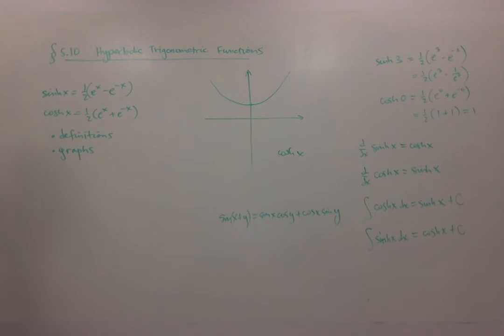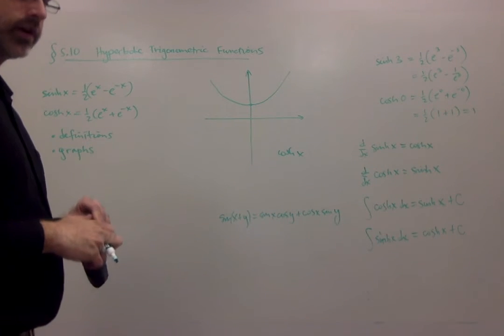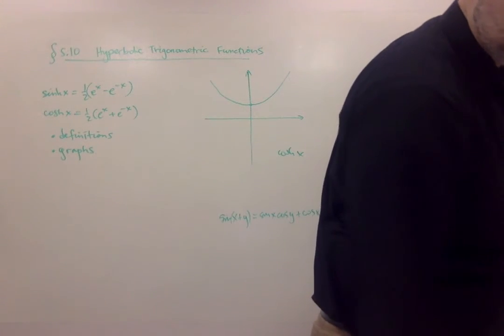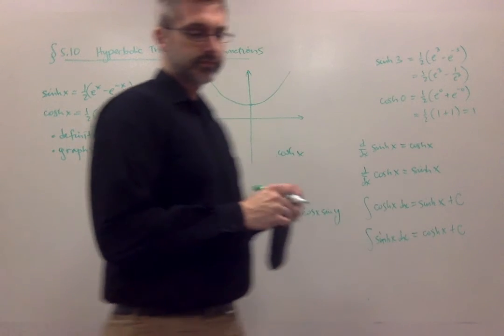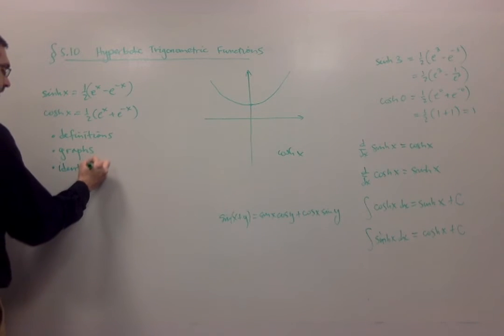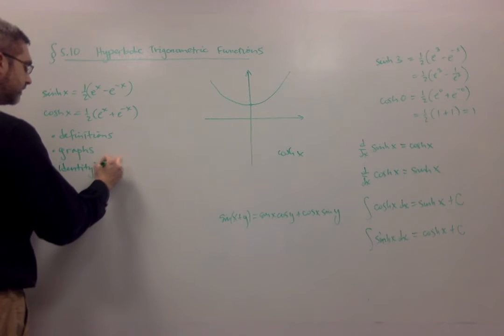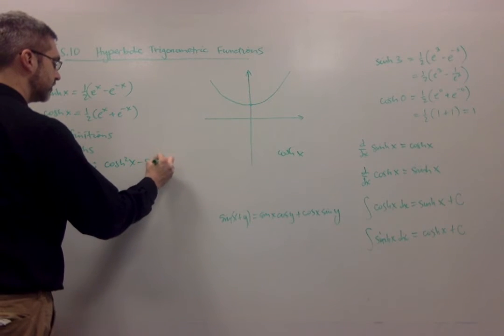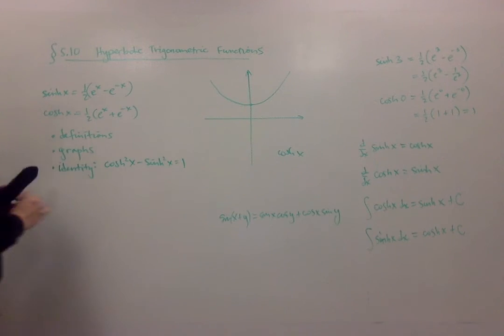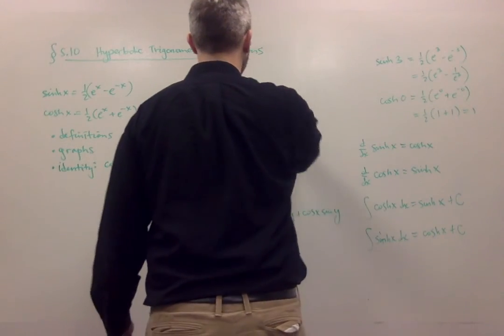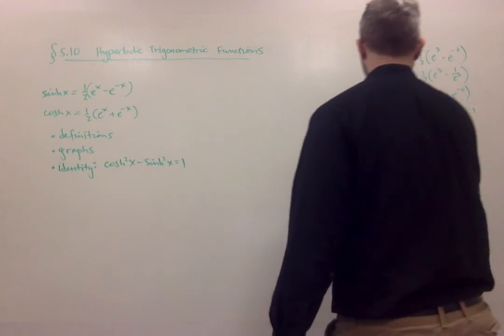Okay? You should definitely know what they look like. You should at least know the identity that cosh squared minus sinh squared is 1. Okay, that's an important identity to know. We're going to see it show up a little bit later.